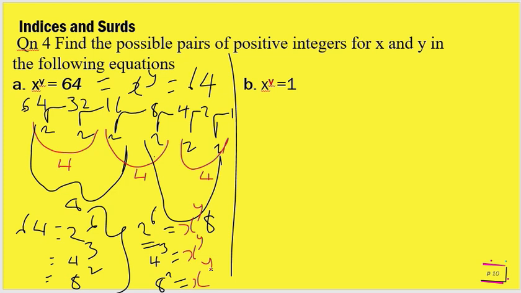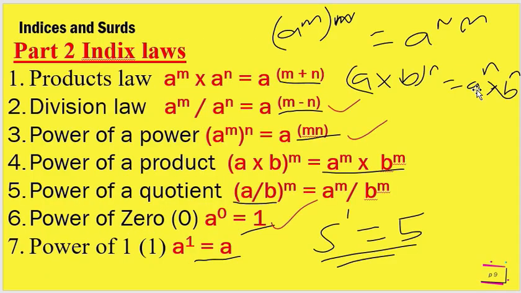To the next question, we are having x power y being equal to 1. Now in each category here, we can go back to the rules of indices.